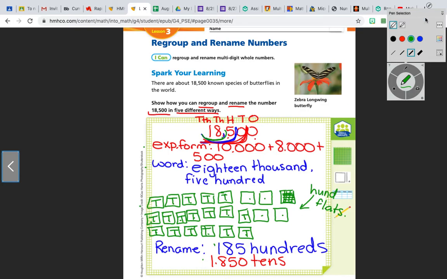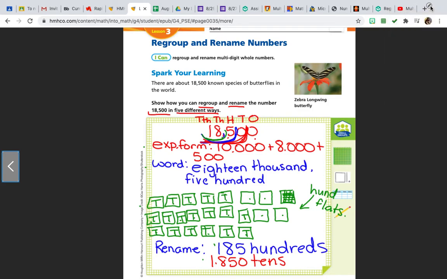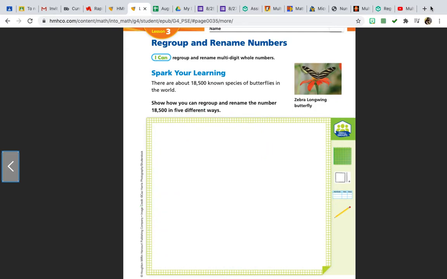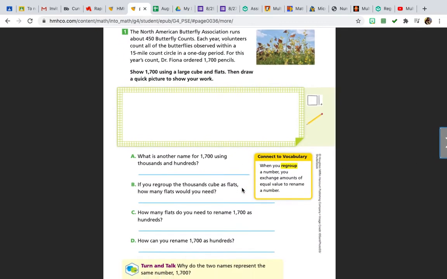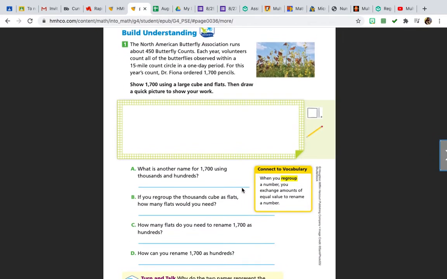All right, on the next page. Page 16. It says, build understanding. The North American Butterfly Association runs about 450 butterfly counts.